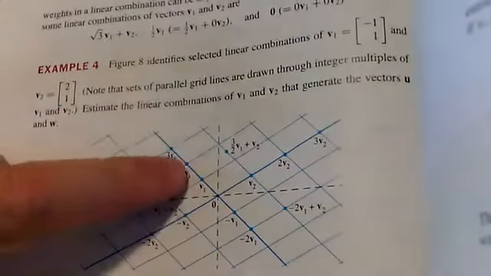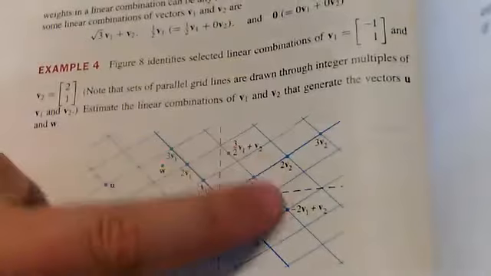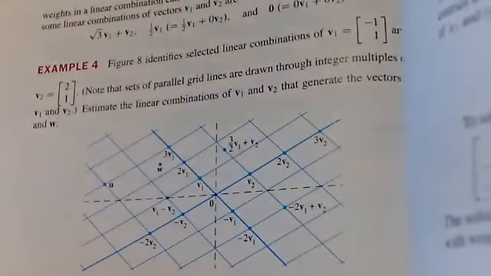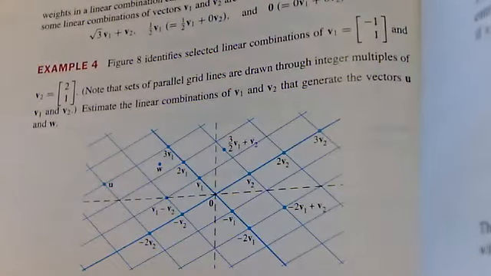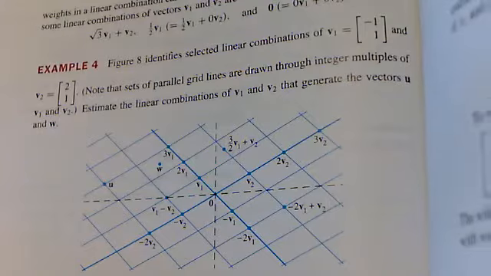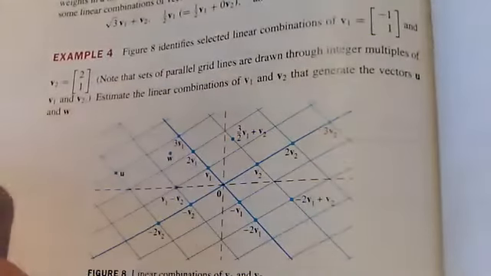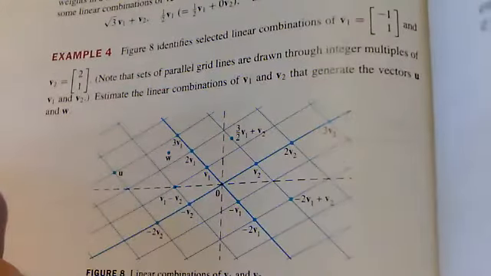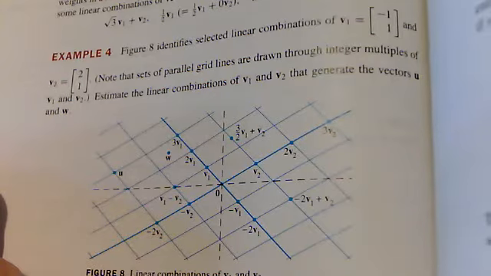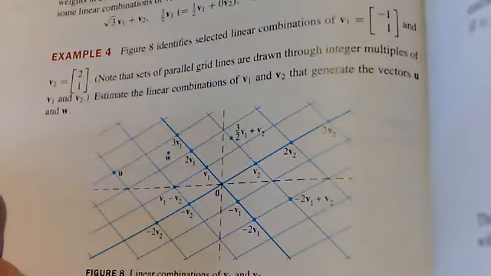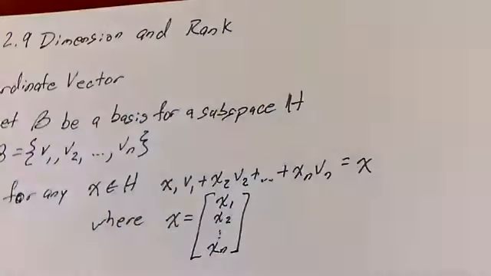Or if you prefer, I can go 1 copy of v2 out here and then go down 2 in the v1 direction. Just like we do for Cartesian coordinates, we count the number of spaces along the grid. So we're looking for what these coordinates are, and we can use a coordinate system based on that basis.